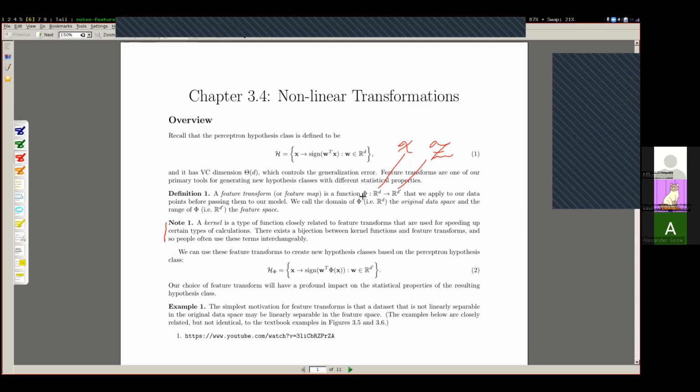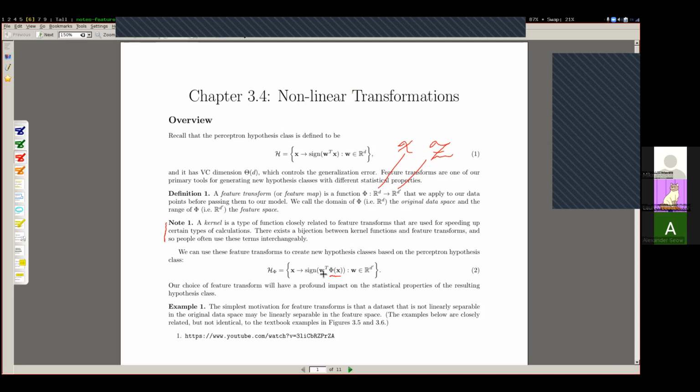And what we're using this phi function for is building this modified hypothesis class right here. The important thing here is to pay attention to the difference between equation 2 down below and equation 1 up above. This phi function is being applied to our data points x so that it's mapping the data points into the feature space and then doing the perceptron in this new feature space.